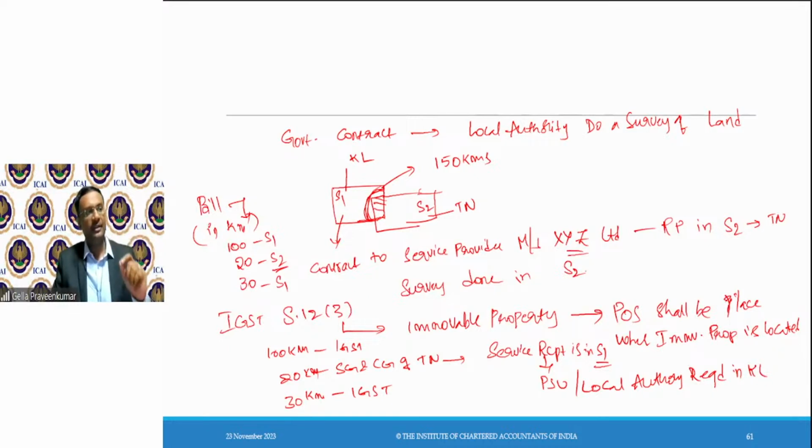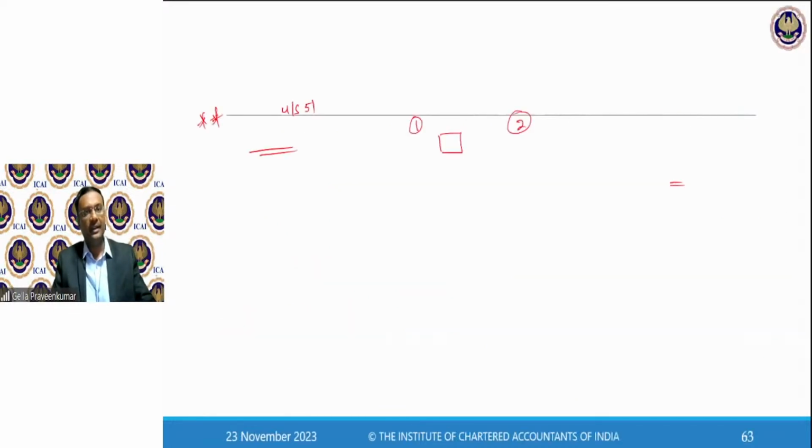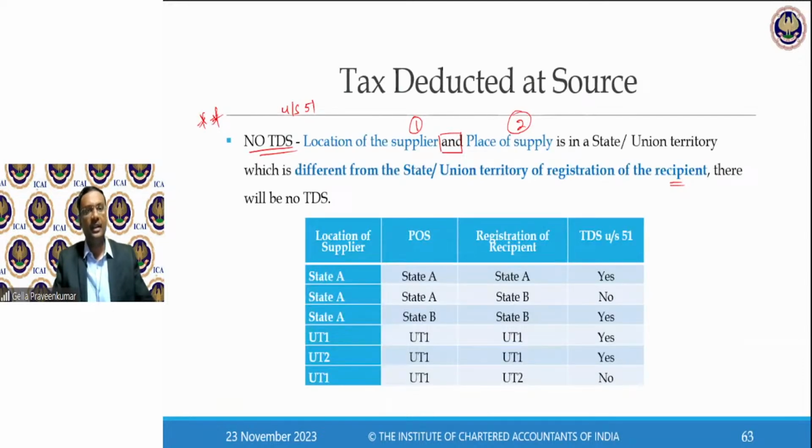This is the concept for which they say that in case the location and place of supply is different from that of the recipient. Like the example here, where is the TDS under?